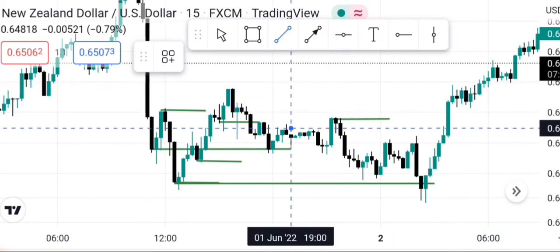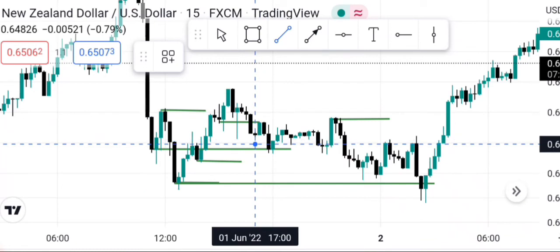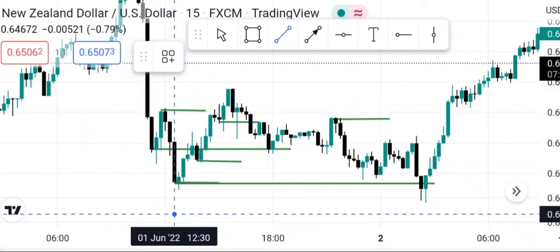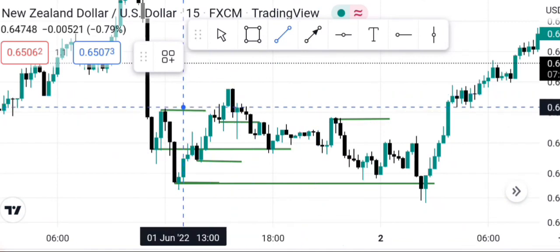Now, folks, I want you to consider something. Whenever you're trading and let's say on your daily time frame you're bullish, and the market creates a move like this, this is what you need to do.